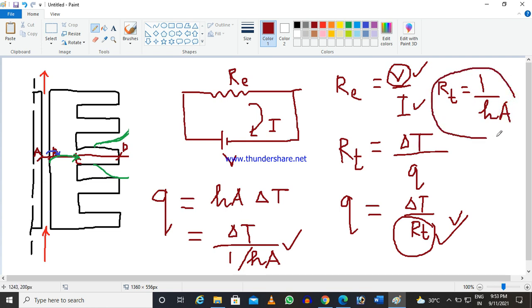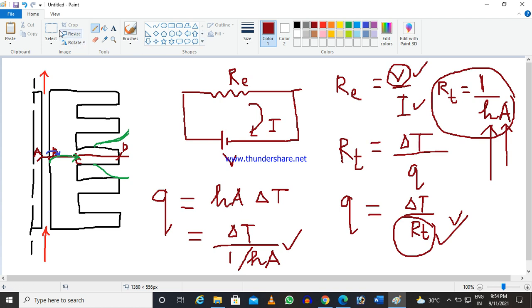So it's a very standard formula for convective heat transfer. If I know the convective heat transfer coefficient and the area through which the convection is taking place, then the thermal resistance of convection is given by 1 by HA.